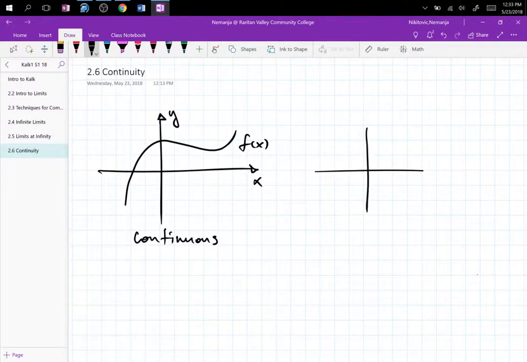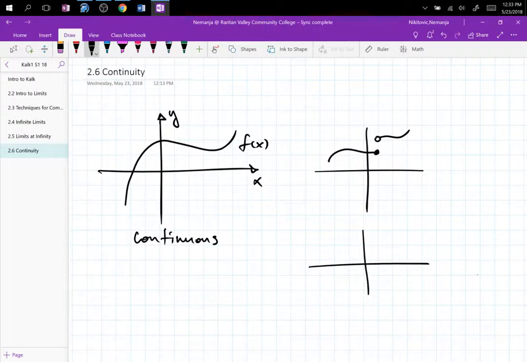Something like this, with a jump, or something like this, we would say discontinuous.